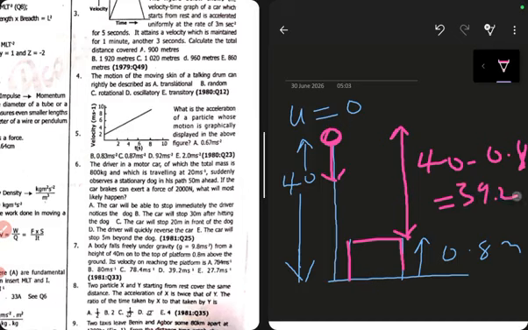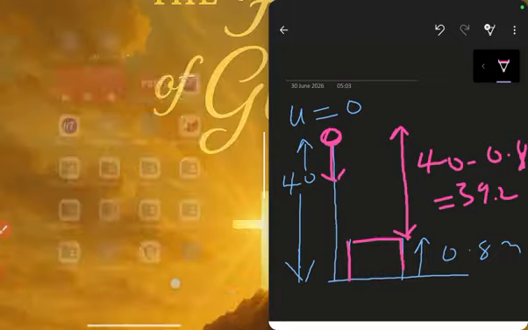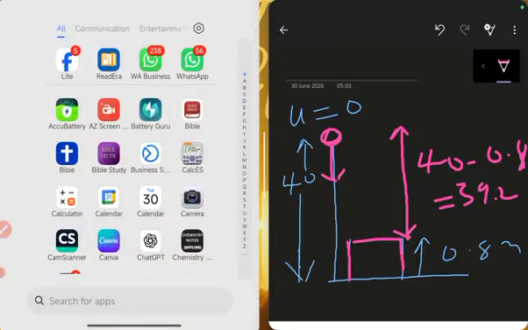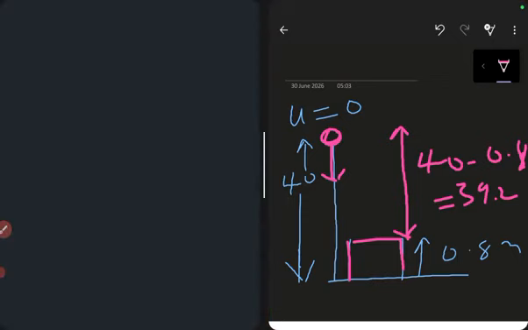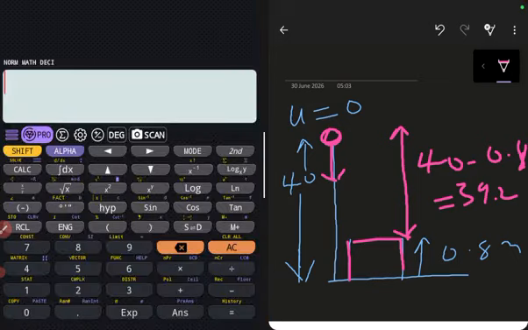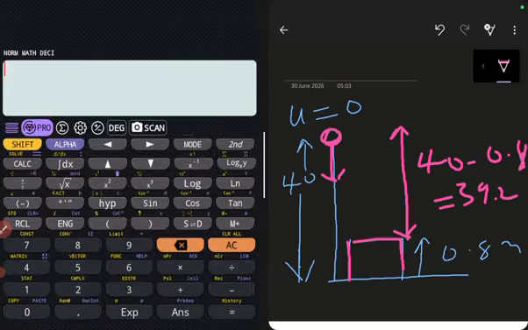So that means the actual distance that is going to be covered, or should I be doing it here? Just let me be doing it on my calculator here so you can see what I'm doing. So let's get my calculator up. Like I said, I did 40 minus 0.8.